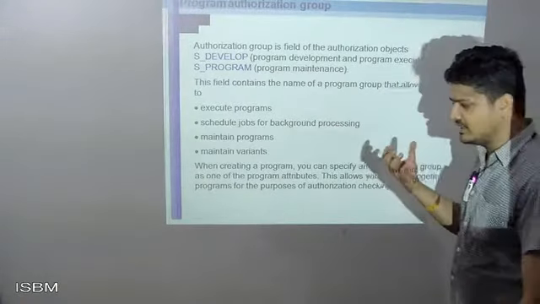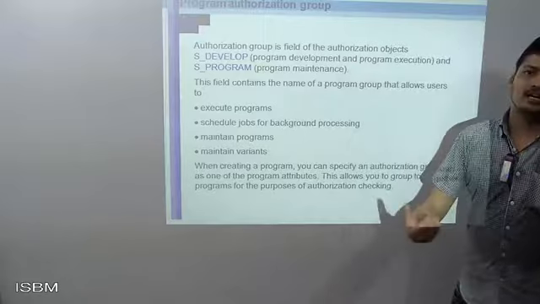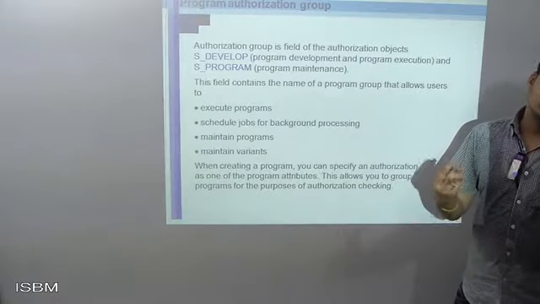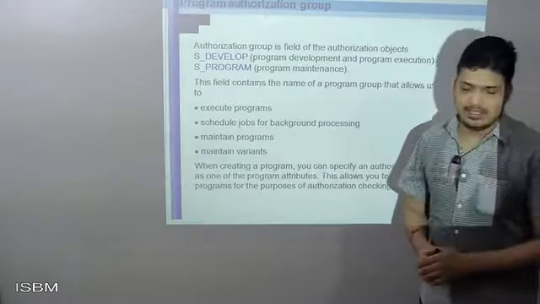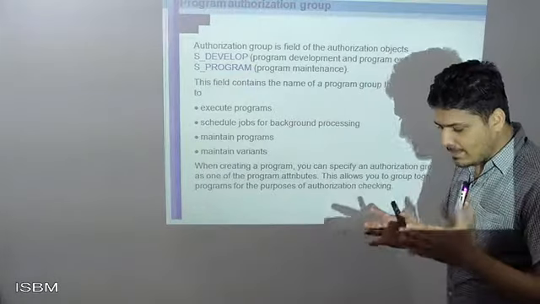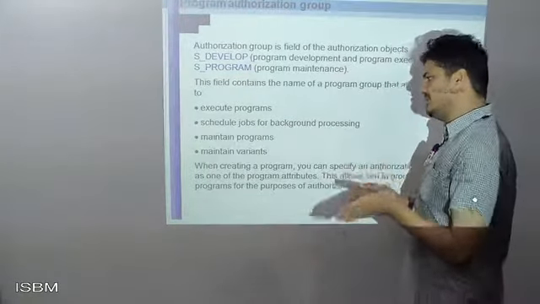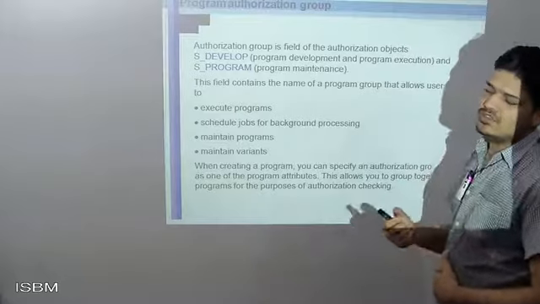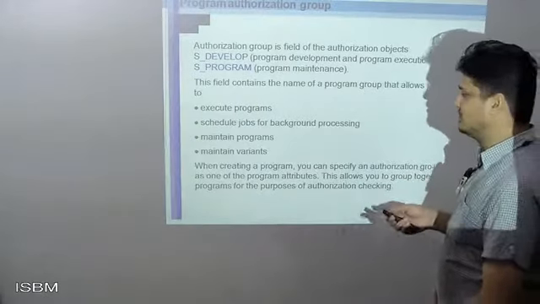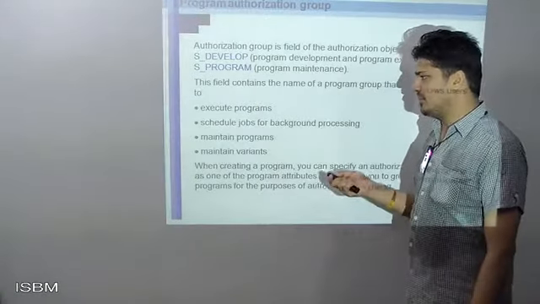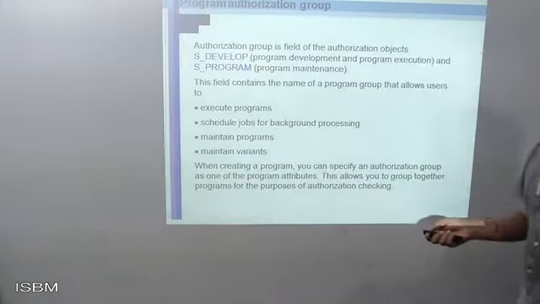In the background, that job will run and give you the data after 10 or 20 minutes, whatever time it takes. At least that job is running in the background, so you can do some other work also. Then we have maintaining programs and maintaining variants.